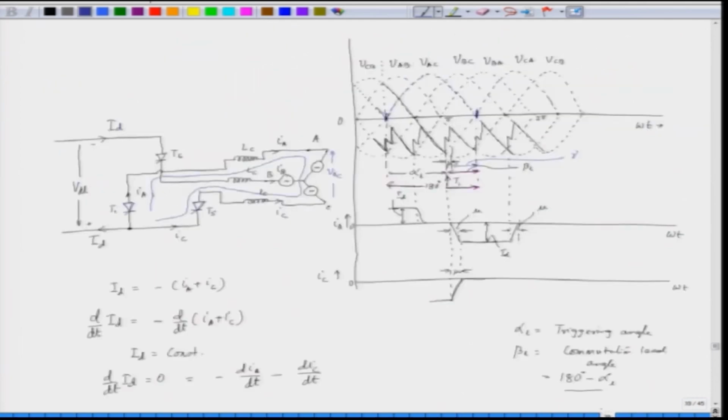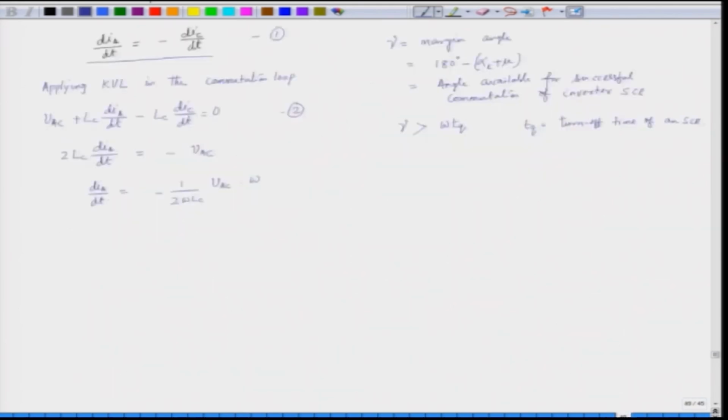Now, if we see this current IA, the current IA builds up to the value that is ID. This is the time for this, and VAC is a sine wave starting from this point. So, we can find this by means of an integration. We see that minus ID is equal to minus 1 by 2 omega of VAC into d omega t.